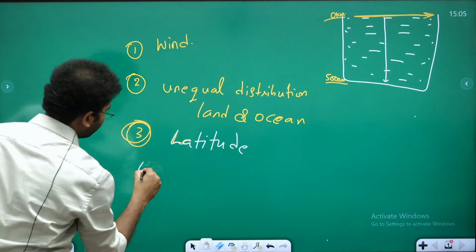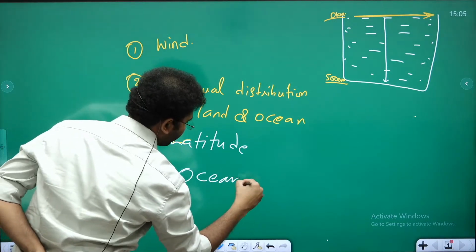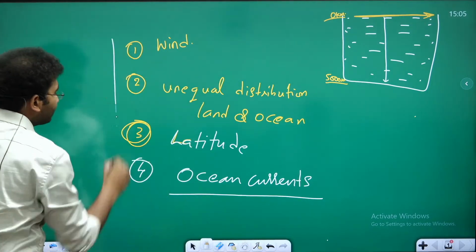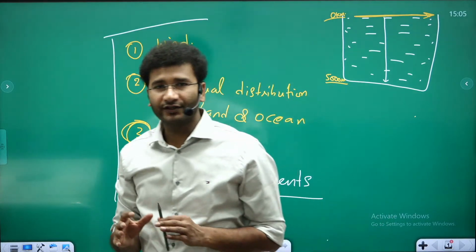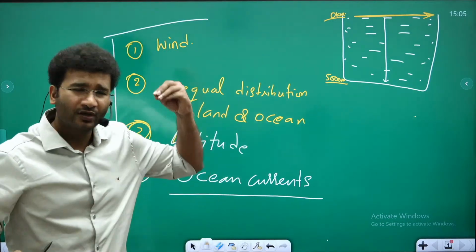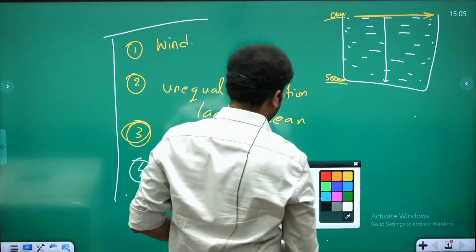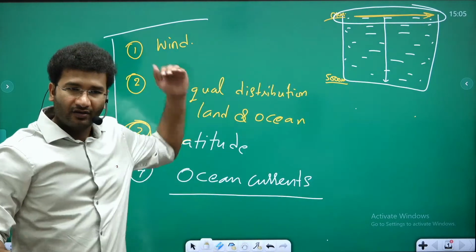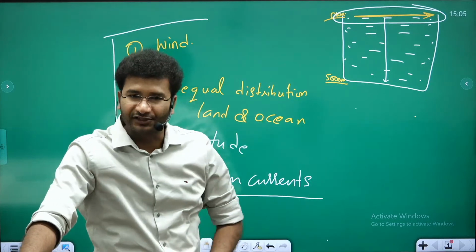And fourth, broadly it can be studied as the ocean currents as well. So these are the 4 different factors that influence the distribution of ocean water temperature. These factors you have to study with respect to the distribution of temperature horizontally and the distribution of temperature vertically into the ocean, right?